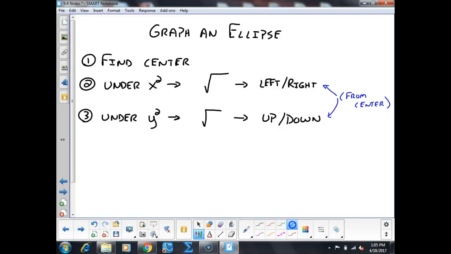Find the major axes of the ellipse. But we draw it next. Okay. Then what? Major axes. What about the major axes?